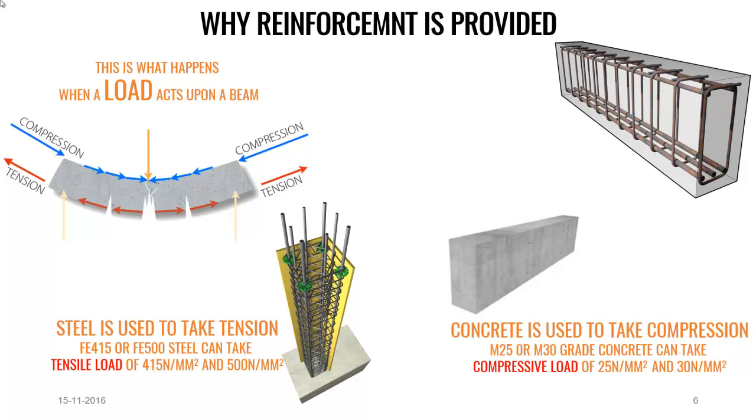You might have heard about M25 concrete, M30 grade concrete. M25 grade concrete can take a compressive load of 25 Newton per mm square and M30 grade concrete can take a compressive load of 30 Newton per mm square. So I hope you understand why we provide reinforcement to the concrete beams.